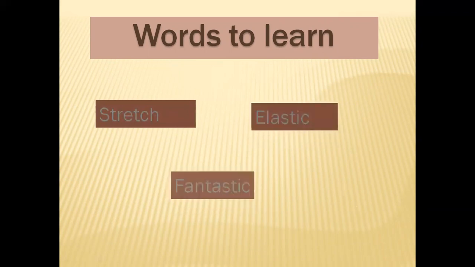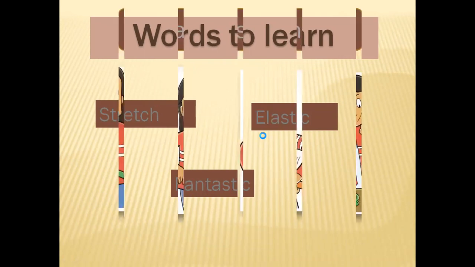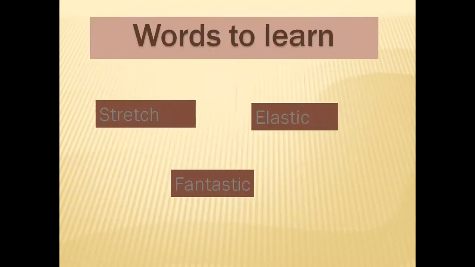Elastic and fantastic. They are rhyming words. So stretch, elastic, fantastic. You can write this in your notebook and you can learn the spellings. The meaning I have already made clear for you, what is the meaning of stretch and what is the meaning of elastic.